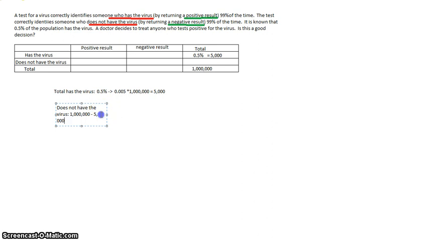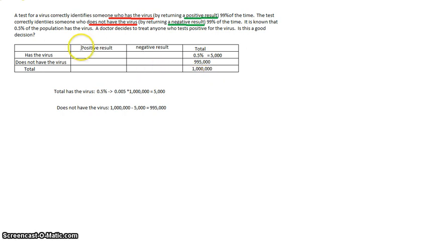When I do that, I'm going to get the number of people that do not have the virus. When I subtract those two numbers, I'm going to get 995,000 people. So that's how many people do not have the virus. So I filled out the last column of our chart.